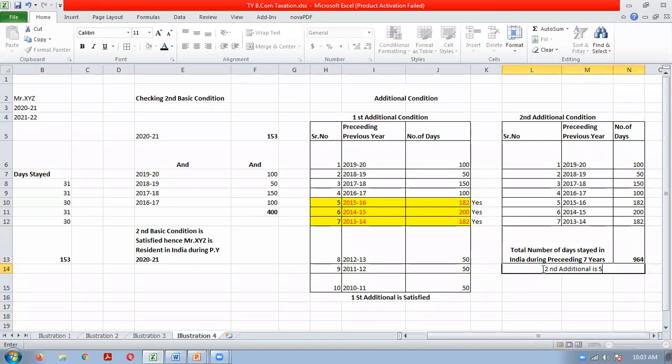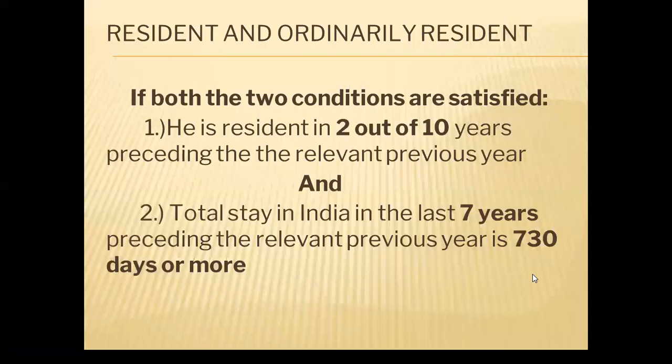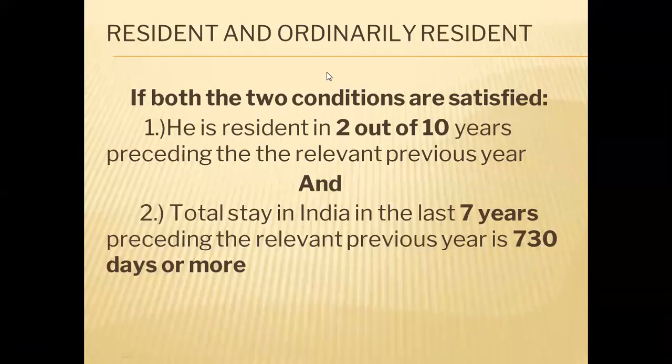Now see, the first condition is also satisfied, the second condition is also satisfied. If both the additional conditions, additional condition number 1 and additional condition number 2, are satisfied, we will say that the individual is an ordinarily resident in India.